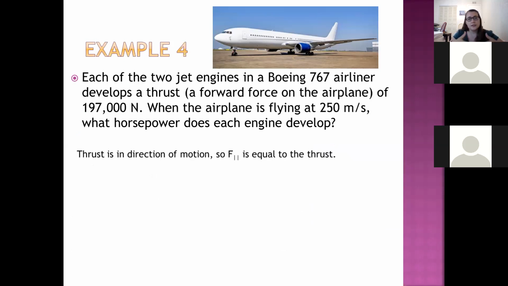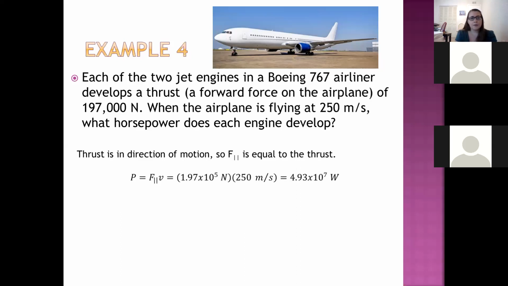So thrust is in the direction of motion. It's the force of the engines propelling it forward. So the force that's parallel to our direction of motion is the entire thrust. It's equal to the whole value of the thrust because it's in the same direction.